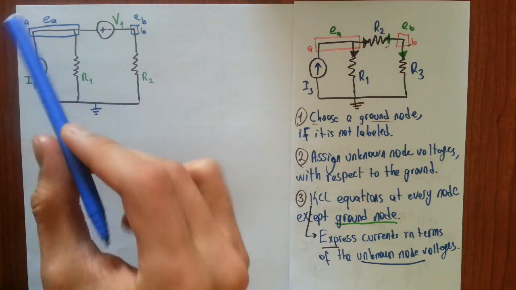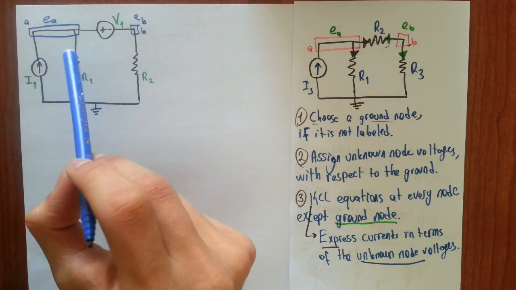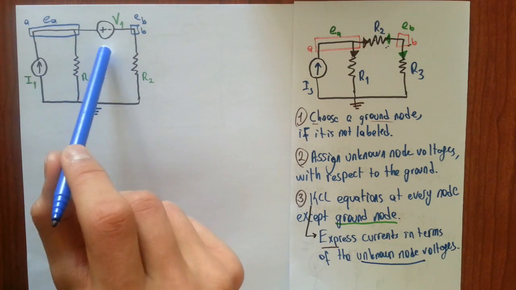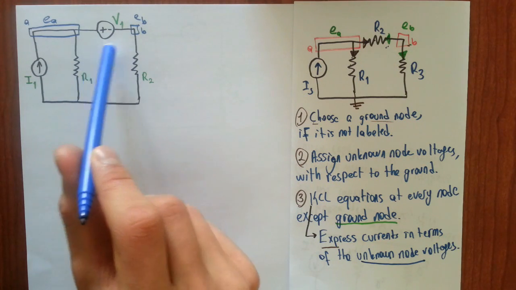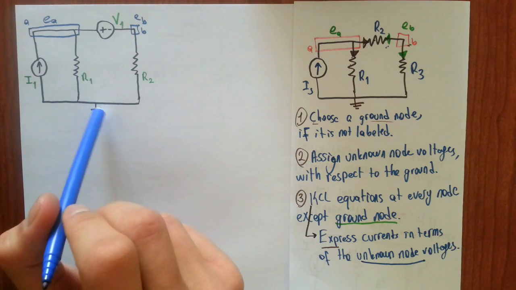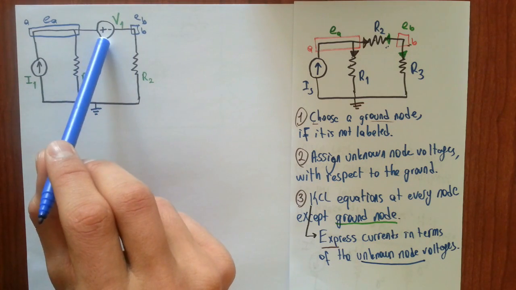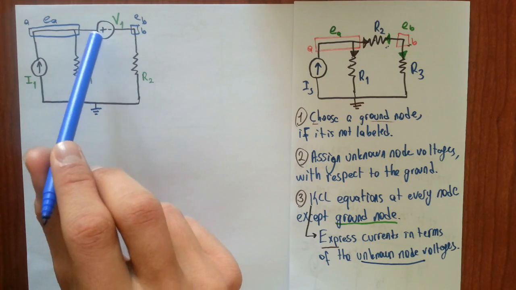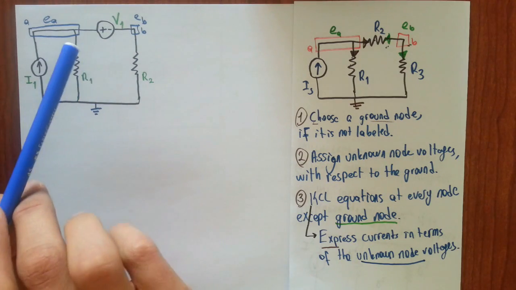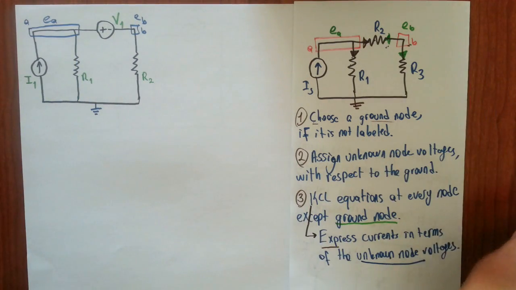Okay, remember the discussion of the supernode. We construct a supernode if two nodes other than the ground node are connected with a voltage source, to avoid unnecessary current labeling. Right?